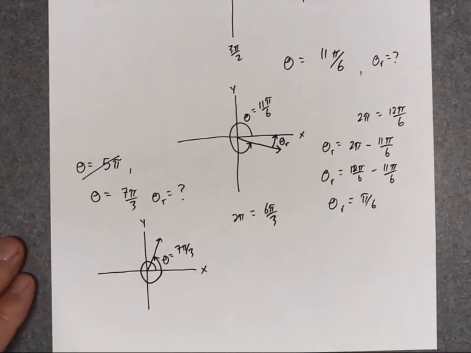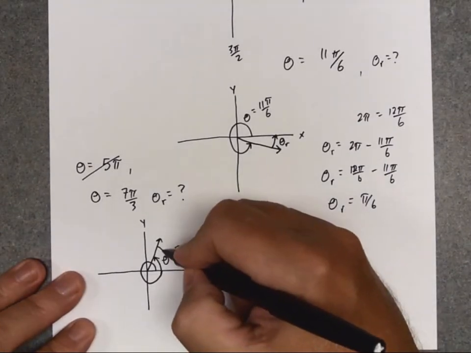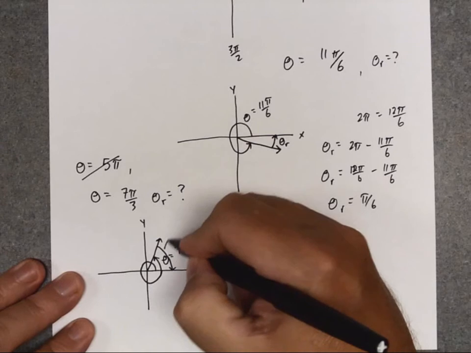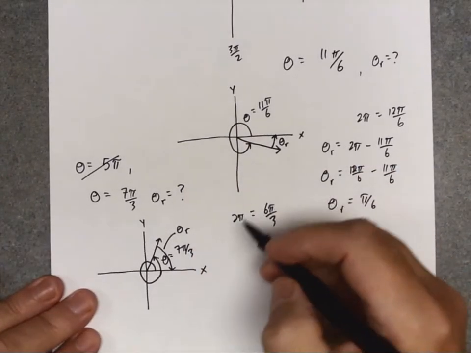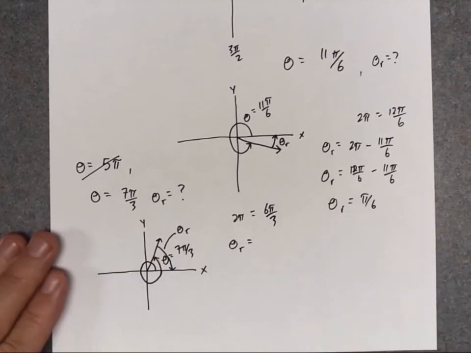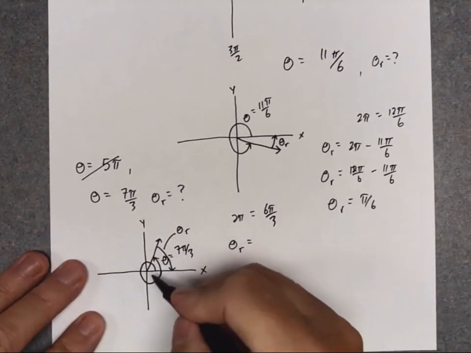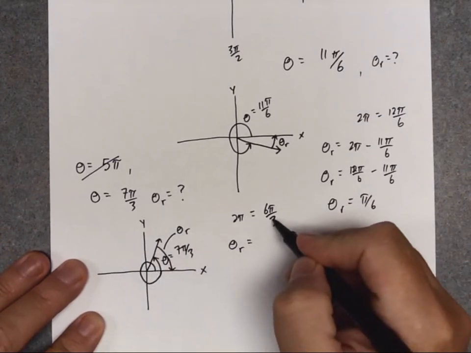So then what would my reference angle be? Well, it's sort of hard to see, but basically, shortest distance back to the x-axis. And how could I figure this out mathematically? Well, there are a couple ways. I know one trip around this circle is 6 pi over 3.